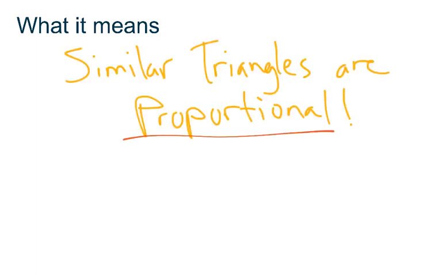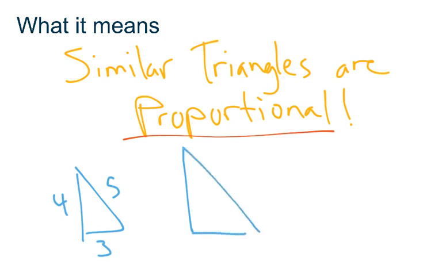So again, what does it mean? It means that similar triangles are proportional. Let's take a look at a simple example. Something we'll learn about a little later is a triangle called the 3, 4, 5. If there's another triangle similar to it, with the exact same angle measures, with a right angle there and another angle there, and let's say this side is 9, it's going to be proportional.